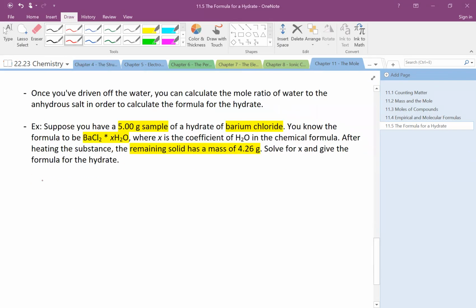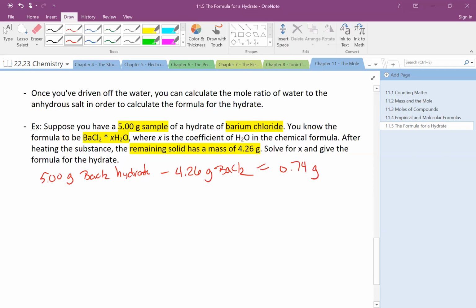So we'll begin by taking my 5.00 grams of barium chloride hydrate. I'll say BaCl2 hydrate because we don't know the real formula. And I'm going to subtract off the mass of the remaining solid, which is 4.26 grams of barium chloride, BaCl2. That's what's left. If I do that, I'm going to get 0.74.